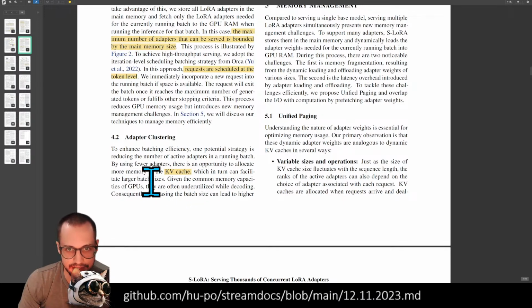Given the common memory capacities, they're often underutilized while decoding. This is kind of cool, often underutilized. Maybe this is just the case for LLMs. And this is another thing too. The compute workloads for language models are different than the compute workloads for images. Images are just bigger chunks of data, right?